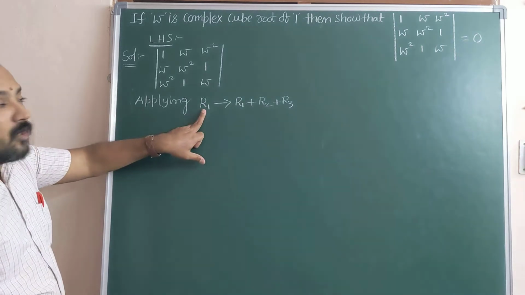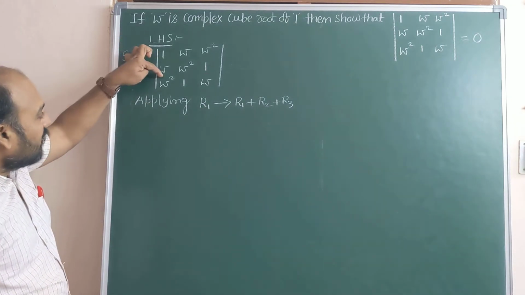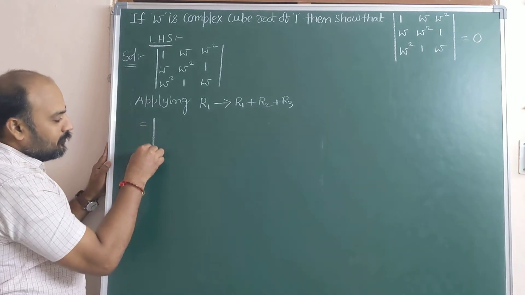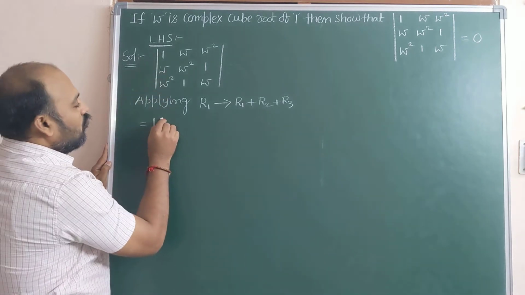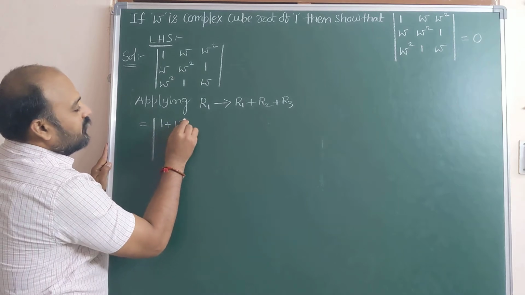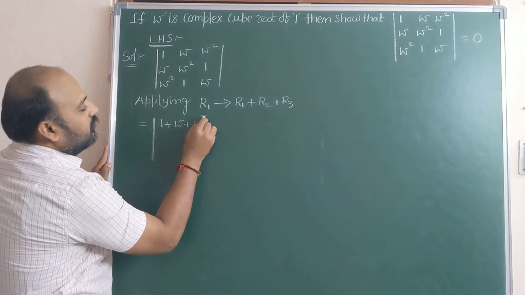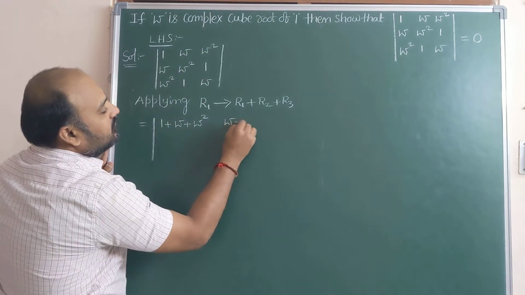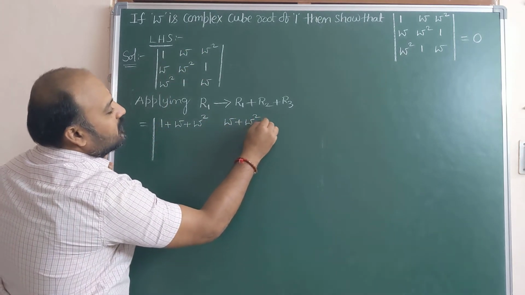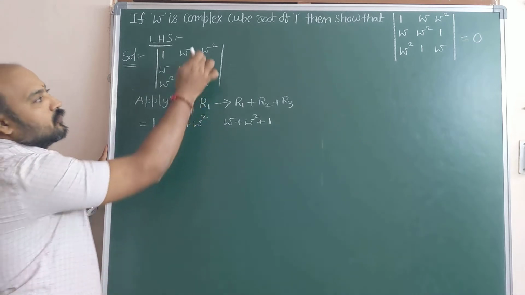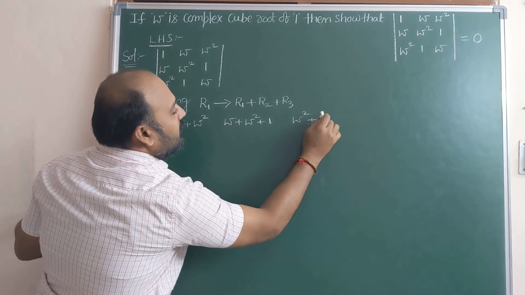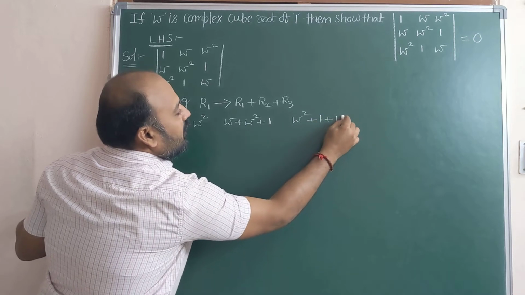So in place of R1 we are writing: the first row will come 1 plus omega plus omega square. Next, omega plus omega square plus 1, omega square plus 1 plus omega.